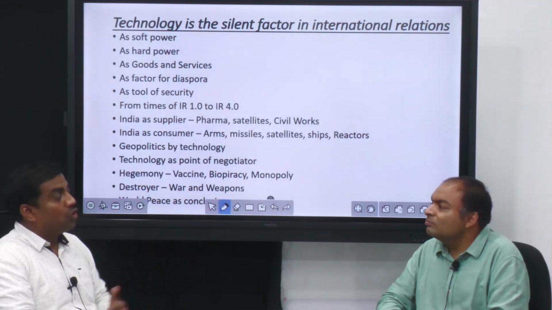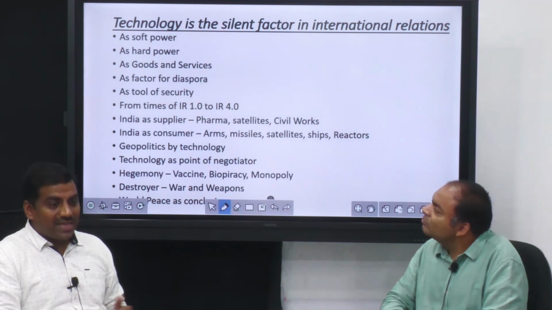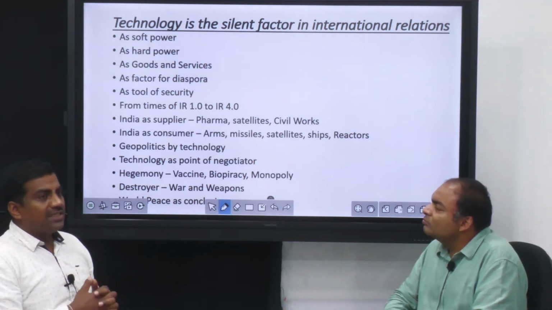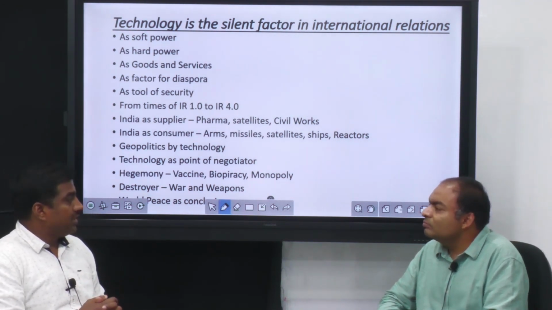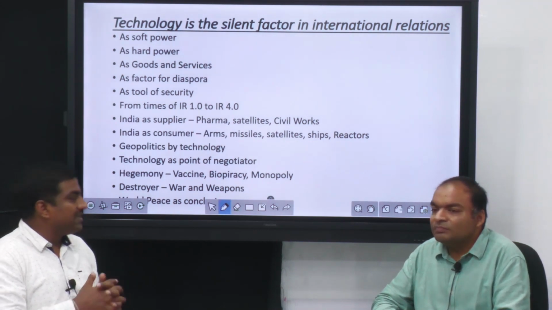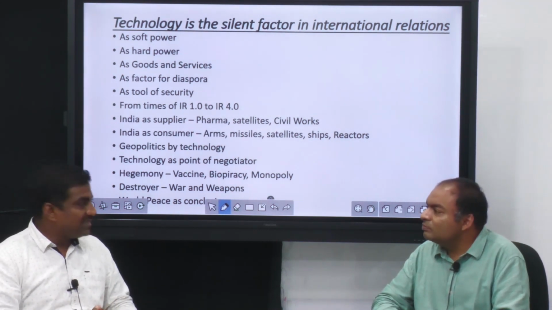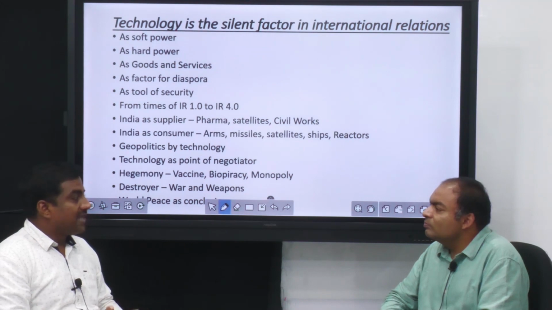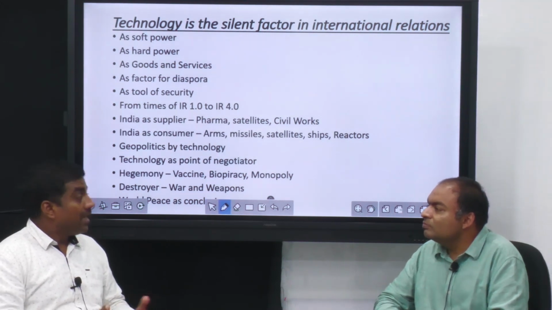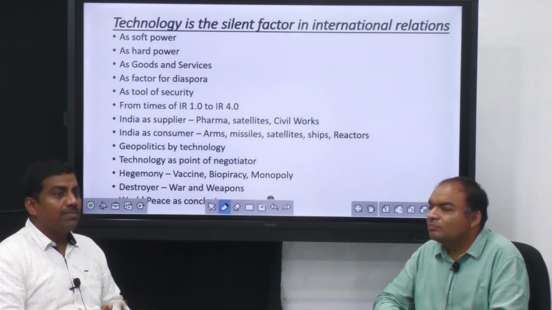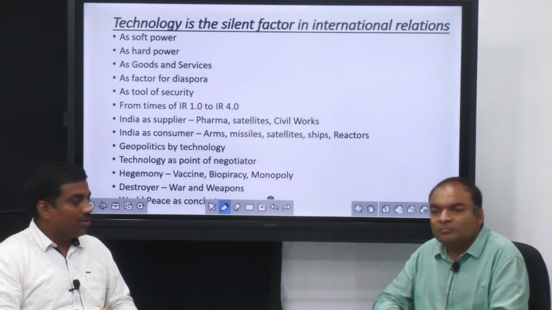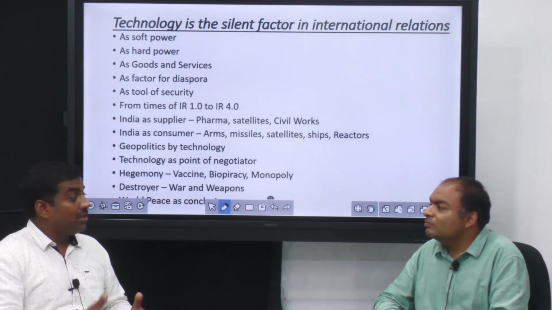And when it comes to the other aspect, India as the receiver or consumer of technology: since the 1950s and 60s, whether for missiles or satellites, we depended upon Russia, even for warships and for nuclear reactors.